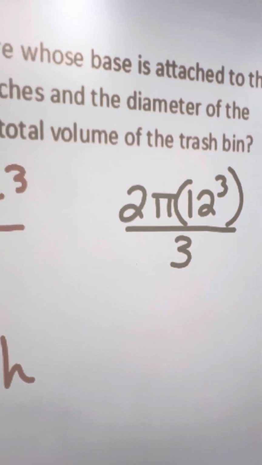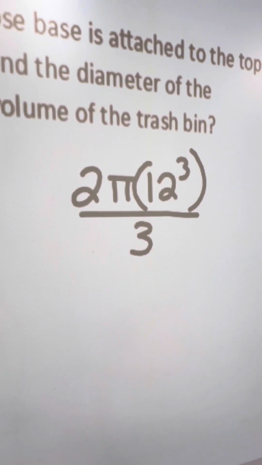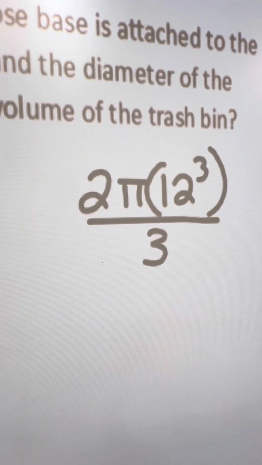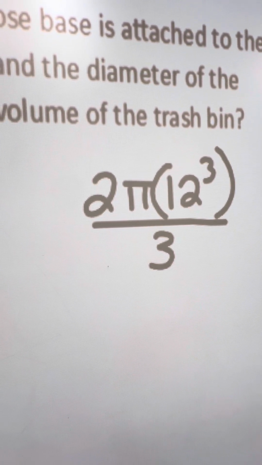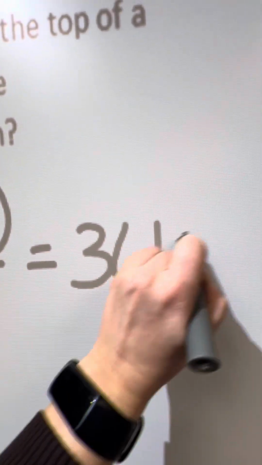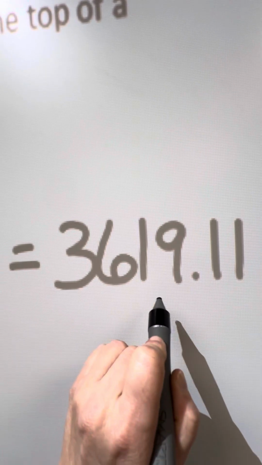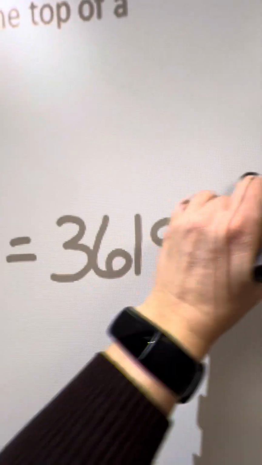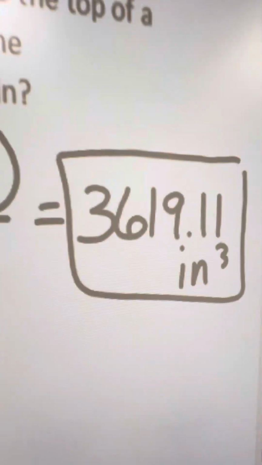When I do all those calculations, I am going to round to the nearest hundredth. After I've done all the calculations, I end up with a value of 3,619.11 inches cubed. So that is the hemisphere's value.